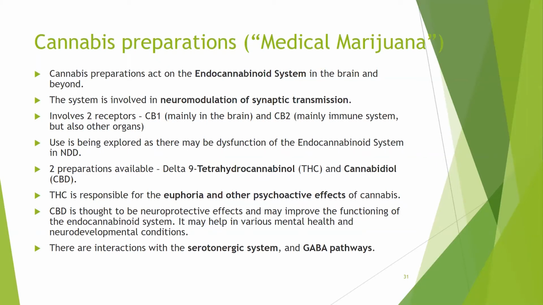And there are two preparations available. One is THC, or tetrahydrocannabinol, and the second is CBD, or cannabidiol. CBD is the one that is being studied for use in various conditions, because THC is the active psychoactive compound in cannabis.